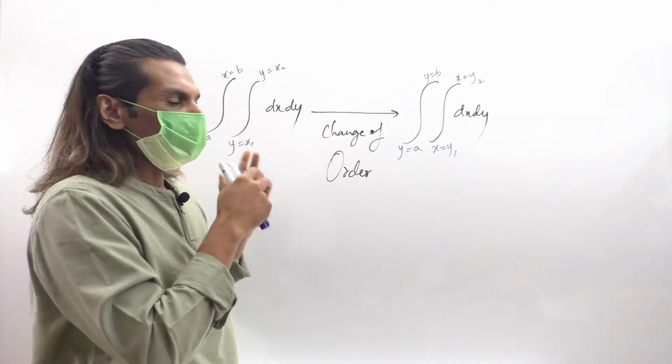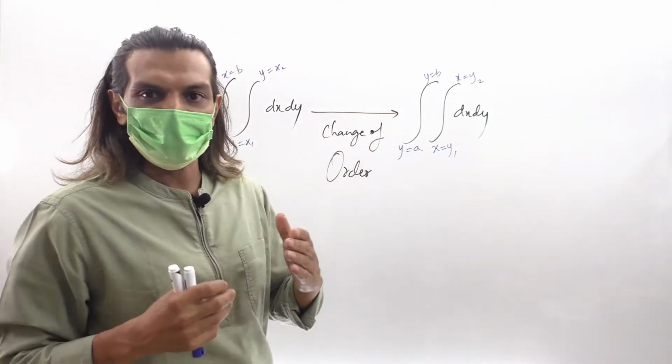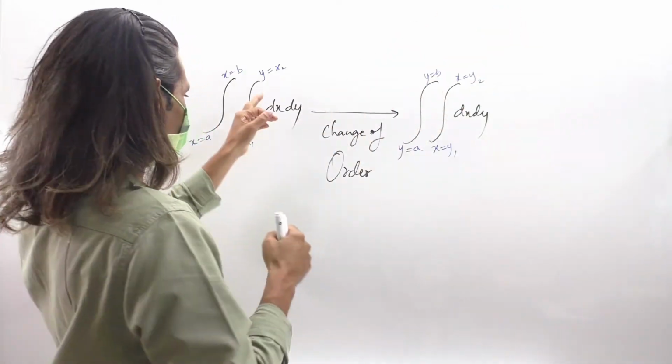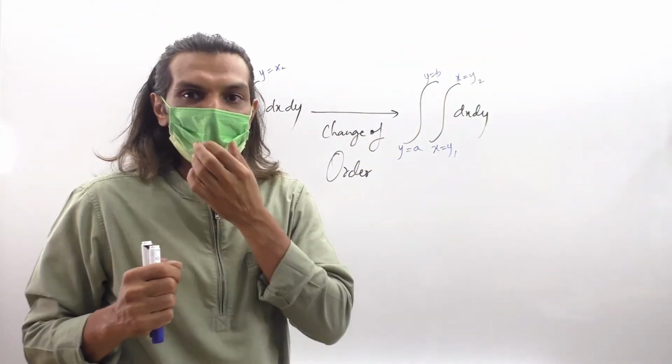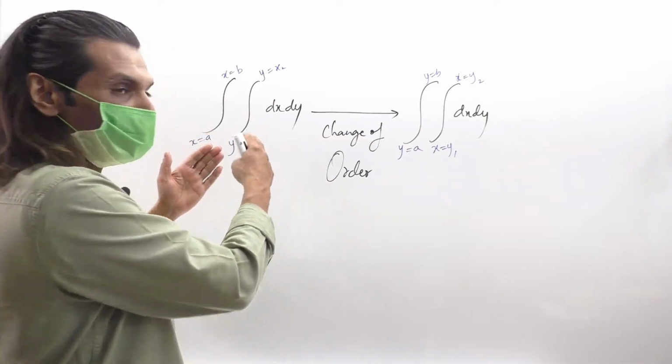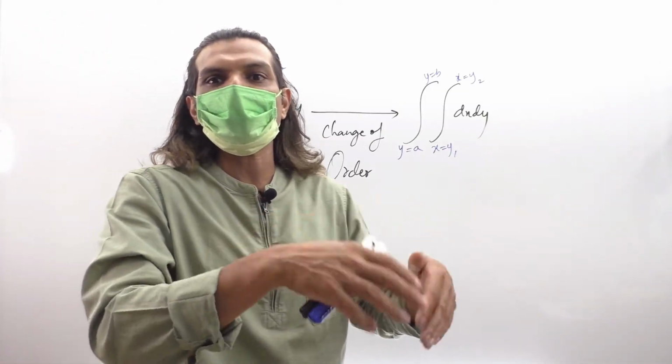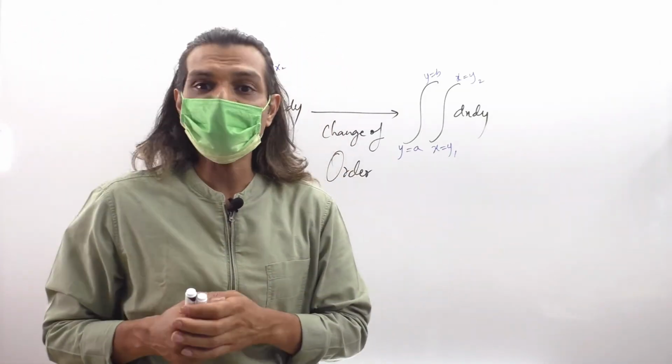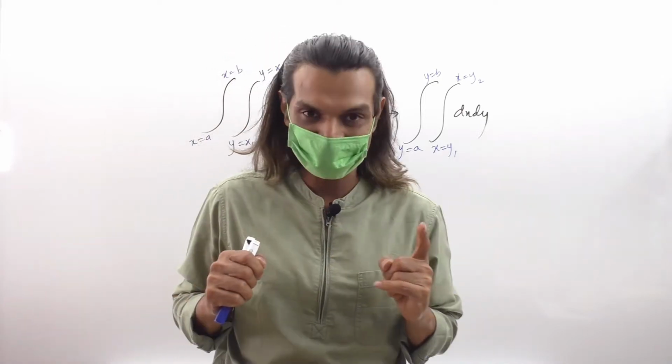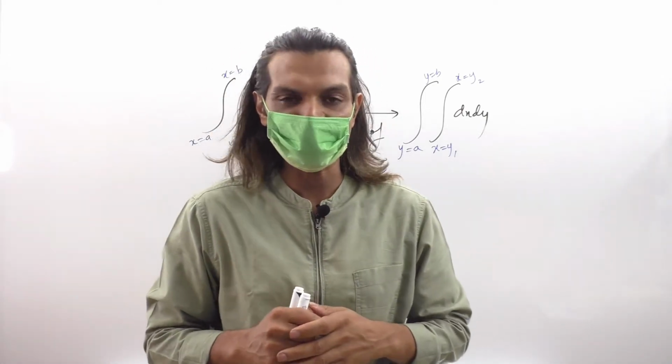Now in the question, the equations are given inside and the limits are given. The limits have to be changed with respect to the order we are changing, and that is done using graphs. Yes, graphs are compulsory to solve these questions.